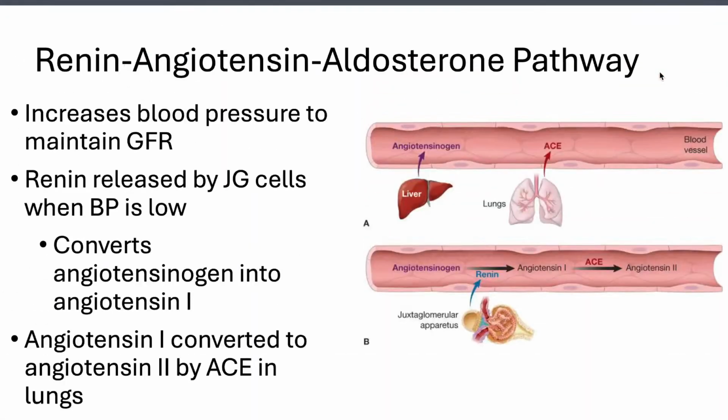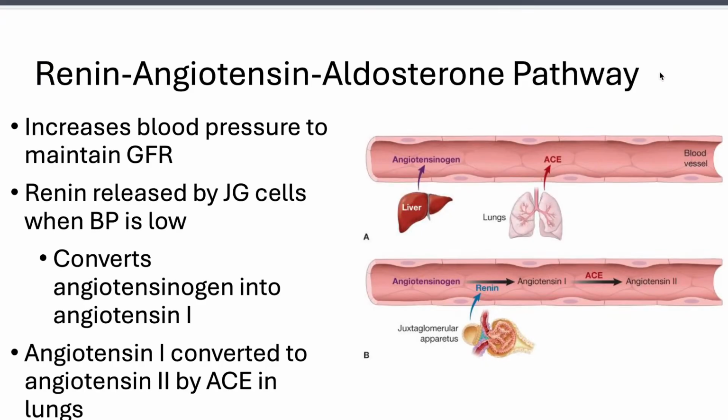So I'm just going to draw this here. First we've got the liver, which makes angiotensinogen.